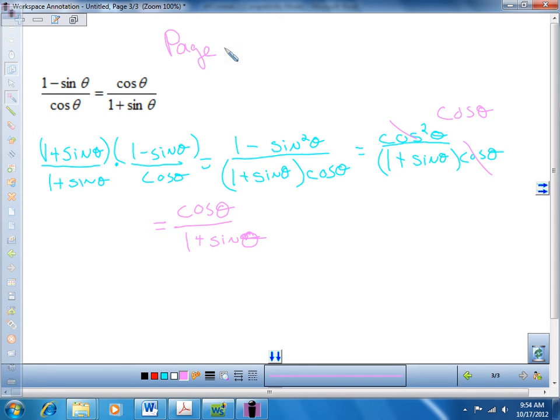Page 471. So it's just a continuation. 10 through 18 even, and you have to do the trig cut-up puzzle. It's accessed on my website. I'll bring it up in a minute.